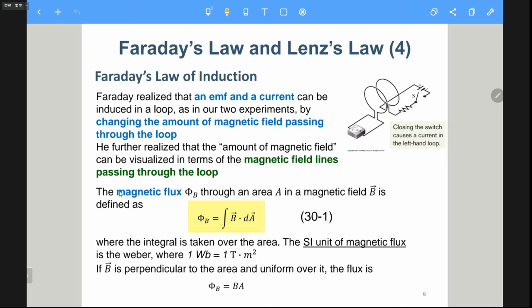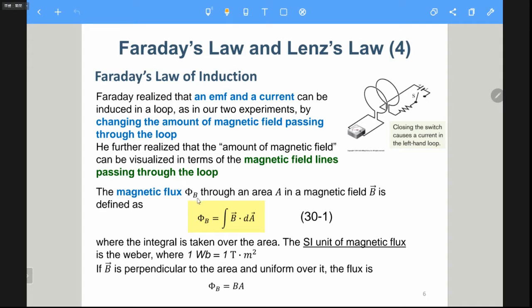So he defined the magnetic flux here, Φ_B, as the integral of B dot dA. This is not a closed surface, so we don't have a circle on the integral here. The surface is nothing but this area bounded by the loop.